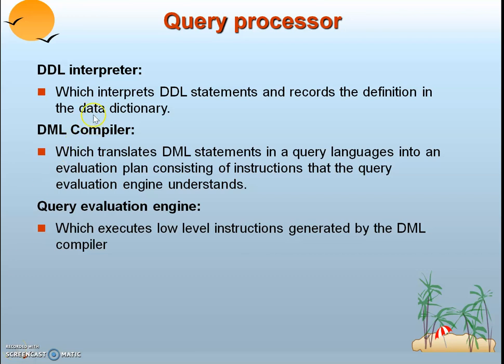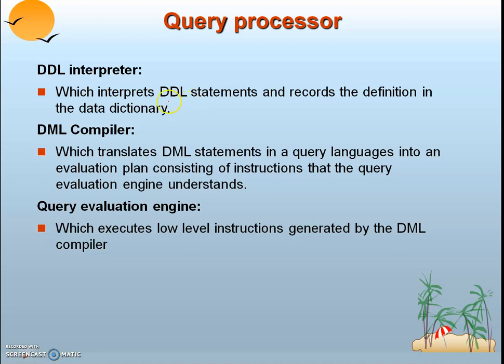The DDL interpreter interprets DDL statements and records the definition in the data dictionary. Interprets in the sense that it takes each command of the data definition language and converts it into system language, that is, low level language.